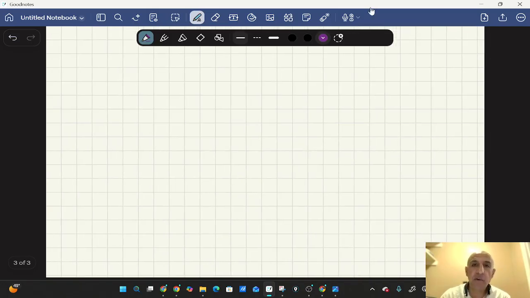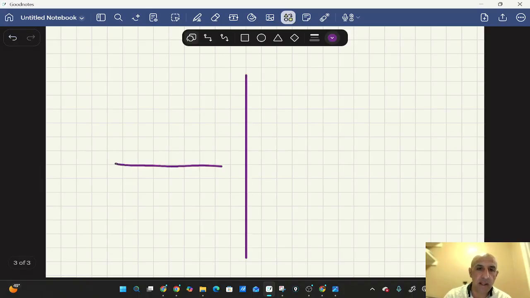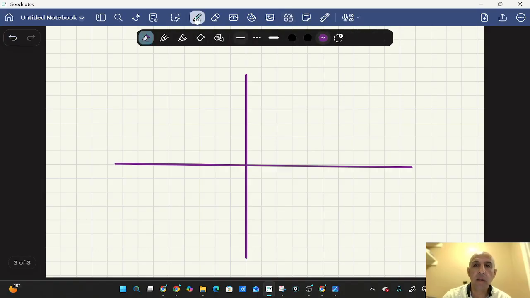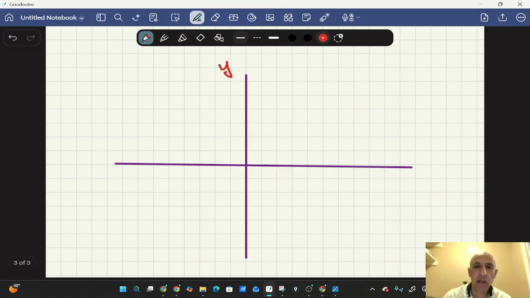So for the graph, what we need exactly is to draw the y-axis, and then here is the x-axis. Let's start with the vertex first.